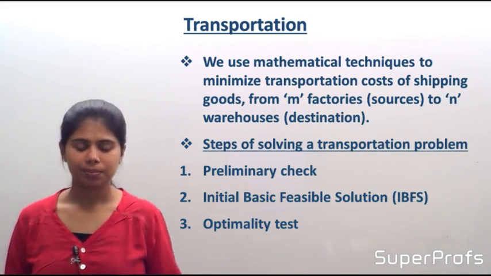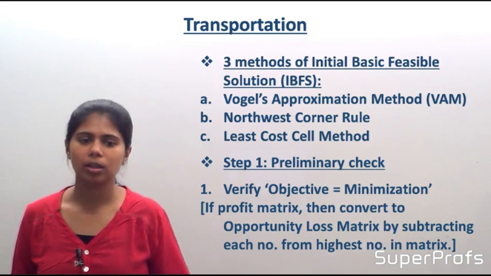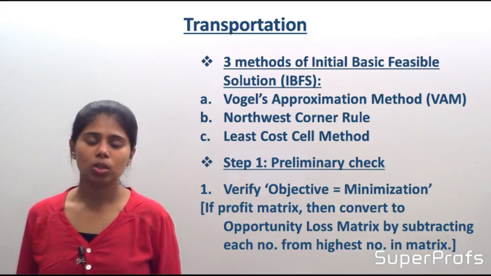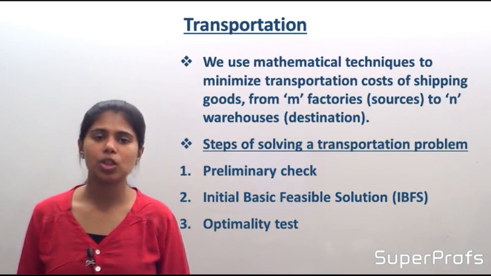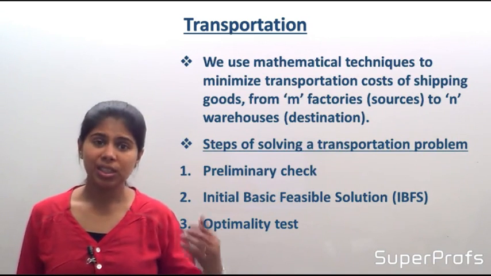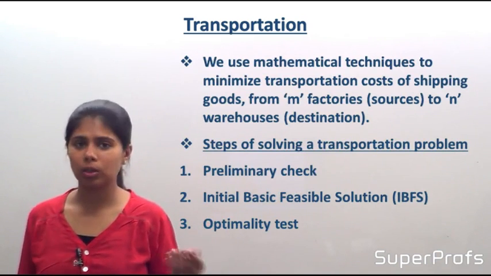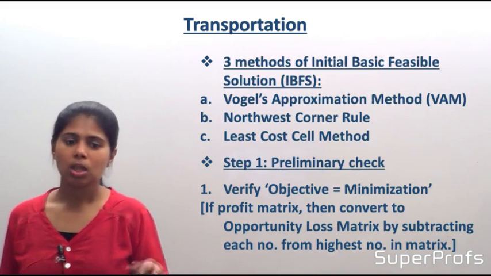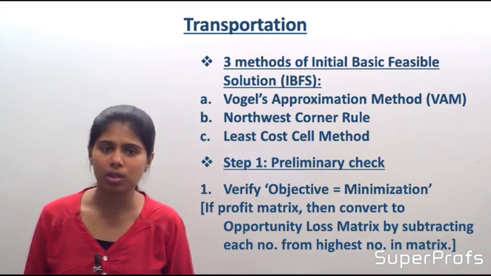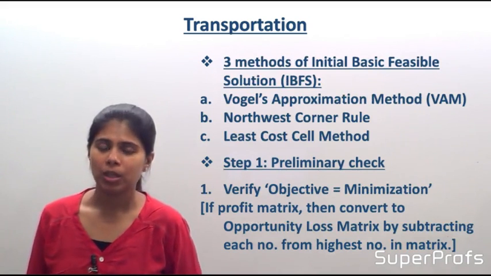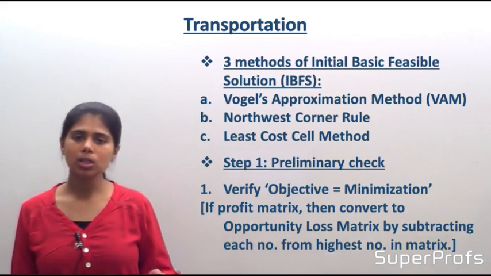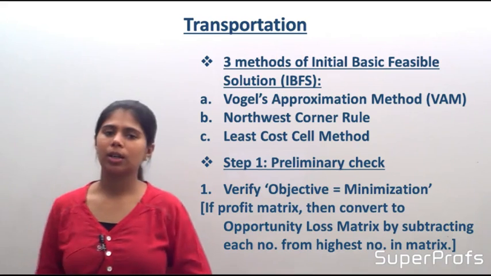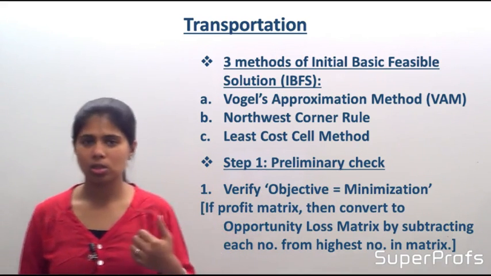Over here the second step, initial basic feasible solution, further has 3 methods by which you can find out the initial basic feasible solution. The first is Vogel's approximation method, or VAM. This is the method that is most commonly used. If you get a question and nothing is mentioned, you should use this method.